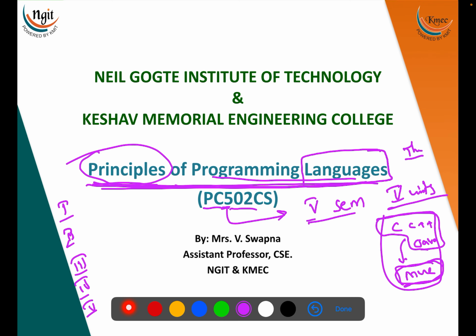Now, why we have to study all the languages, that we'll see as a topic of the first unit. So first unit is about what? Preliminary concepts. We'll talk about preliminary concepts of PPL. And the second unit is about data types. It is very true that all the languages will not have the same set of data types.